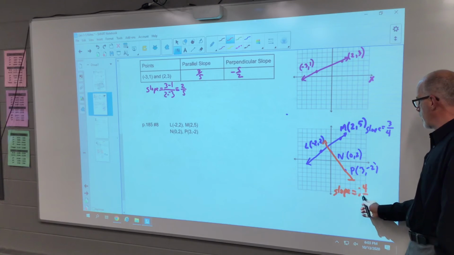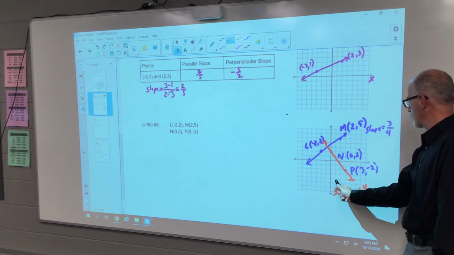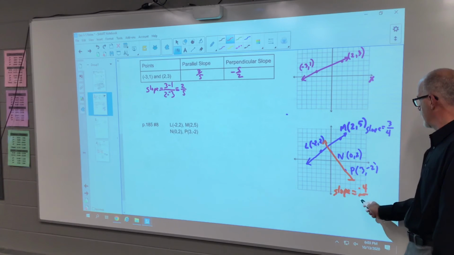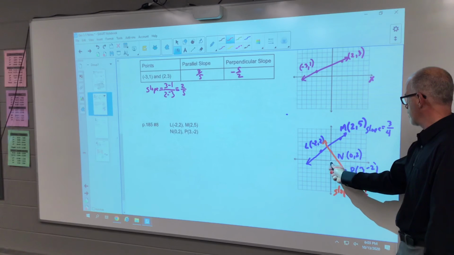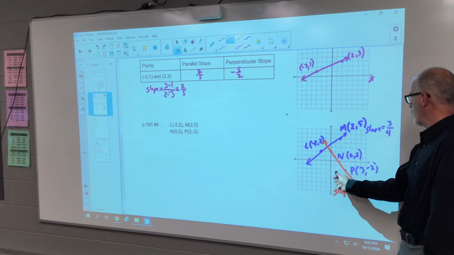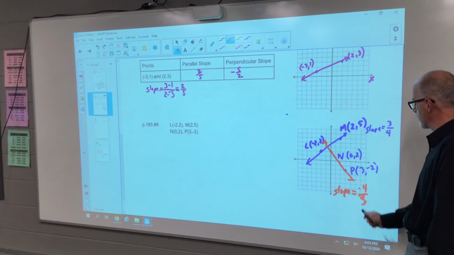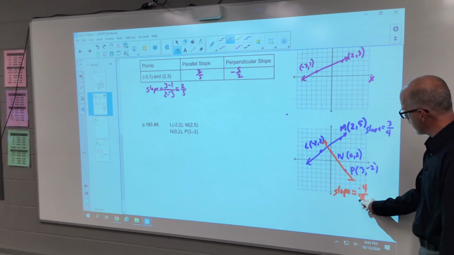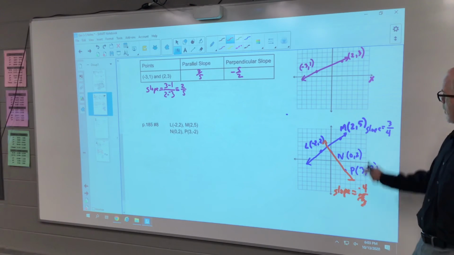And then I'm going to run over from here to this point, sorry. So down 1, 2, 3, 4, and over 1, 2, 3 units. So negative 4/3.